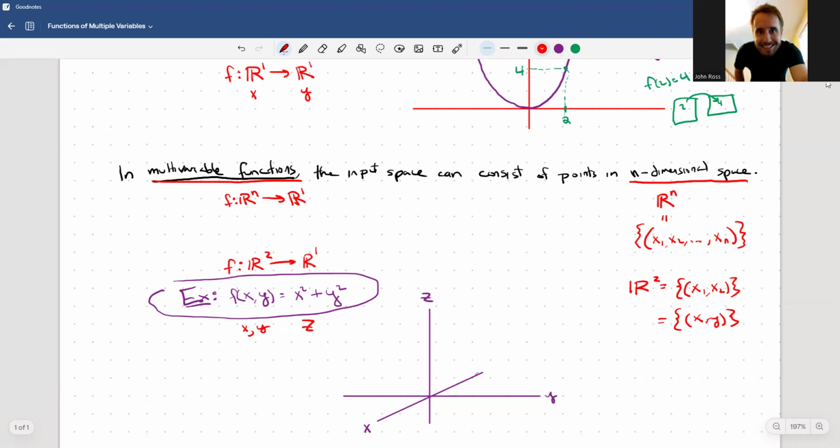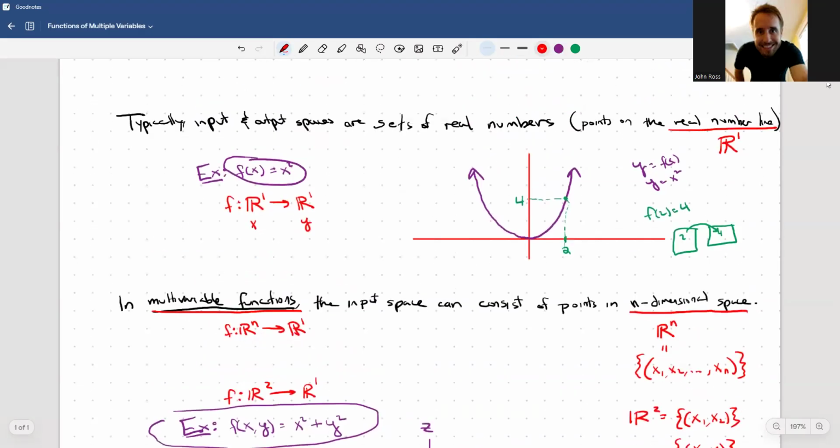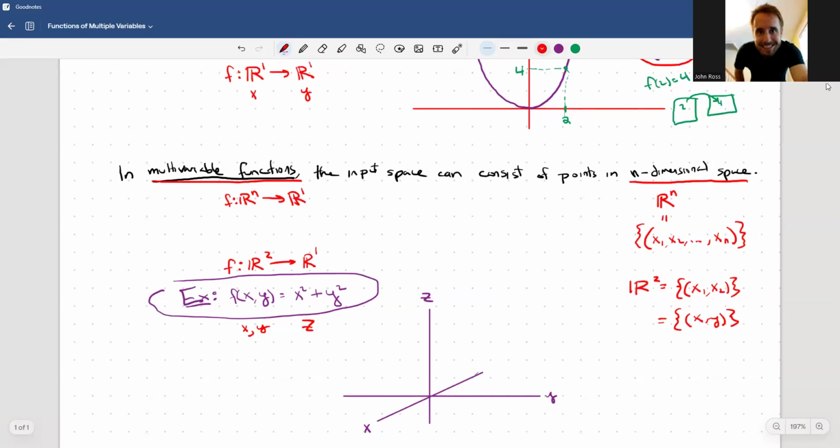So just like up above, and I'll scroll up here for a quick second, we said y is equal to f of x, and so our points were the points y equals x squared. So too, down here, I can say that f of x comma y will equal my z value. And so we are looking for the set of points in 3-dimensional space for which the z coordinate is equal to the x coordinate squared plus the y coordinate squared.